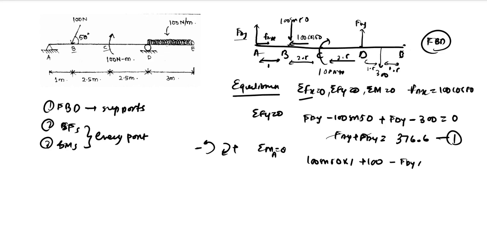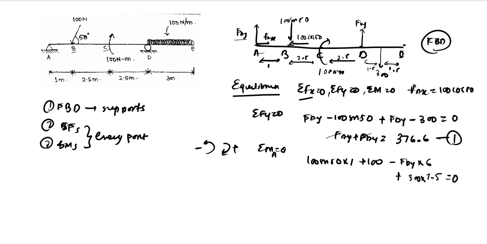So FDY into the distance, which will be 6. And again we have a UDL force of 300 into the distance, which will be 6 plus 1.5, which is 7.5. And it is in the clockwise direction, that is why it is positive, so it is equal to 0.